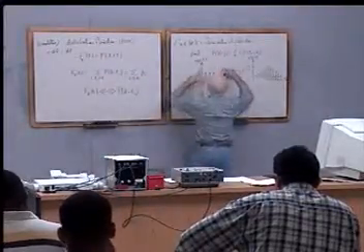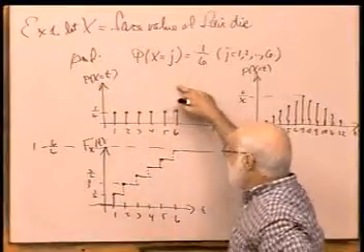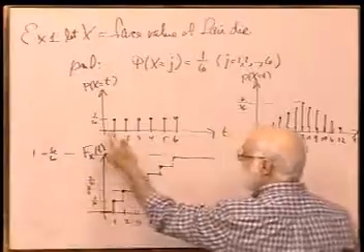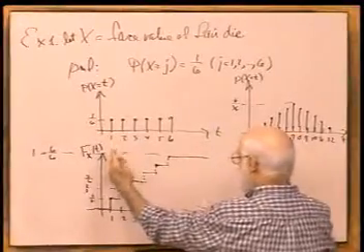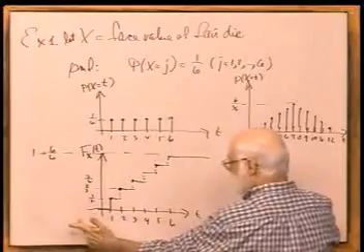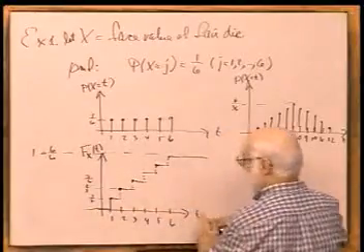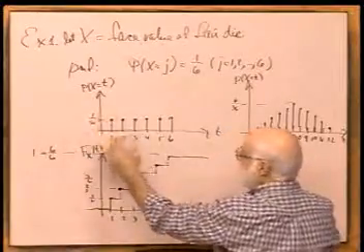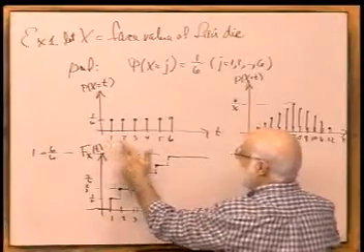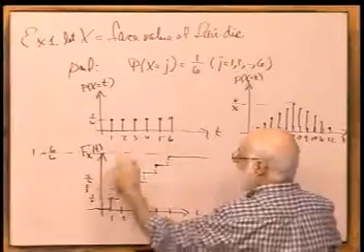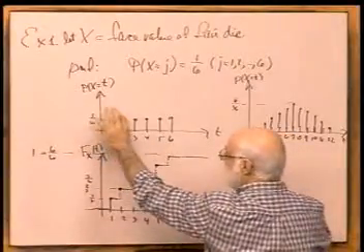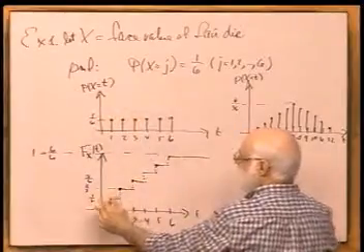So if I give you the probability mass function, you can calculate the distribution function by simply adding up all of the probabilities for values less than or equal to t. As t runs from minus to plus infinity, since these probabilities are discrete, only at these particular given values does the distribution function jump, and the amount of the jump is equal to the probability that X takes that value.